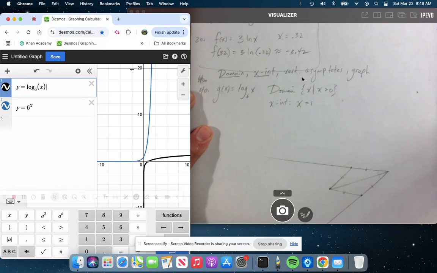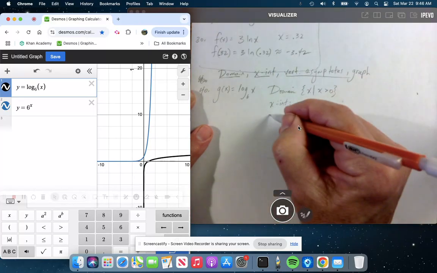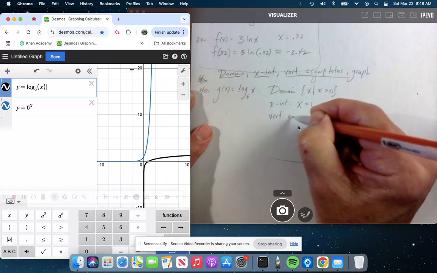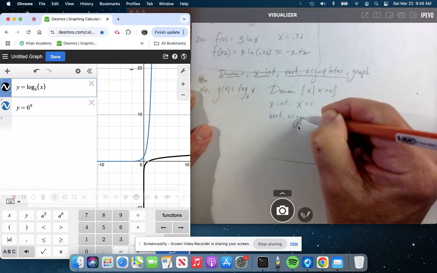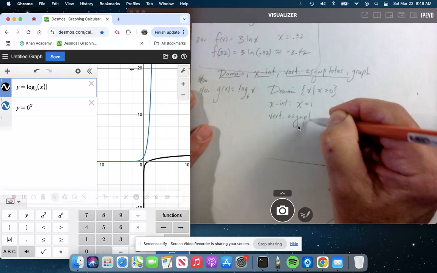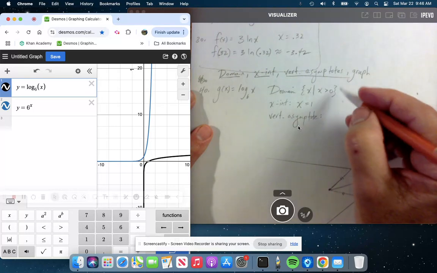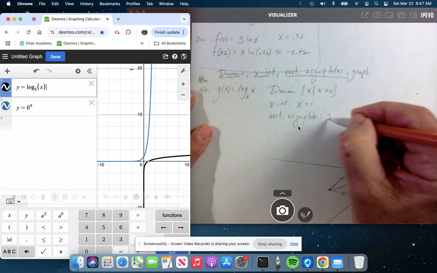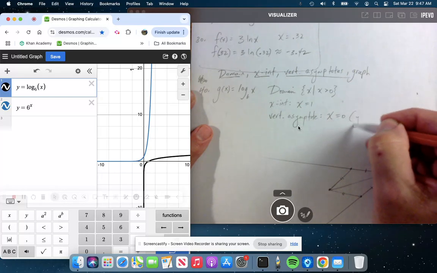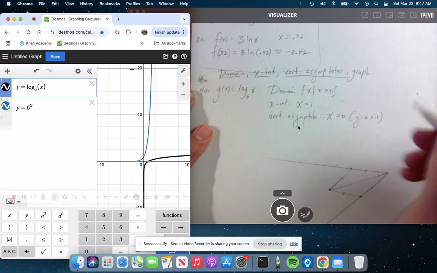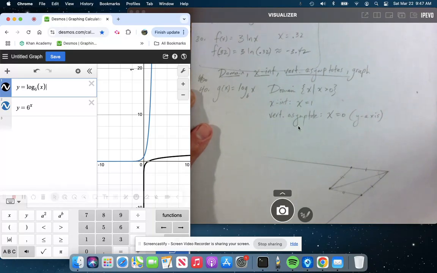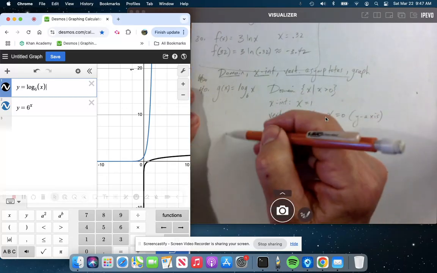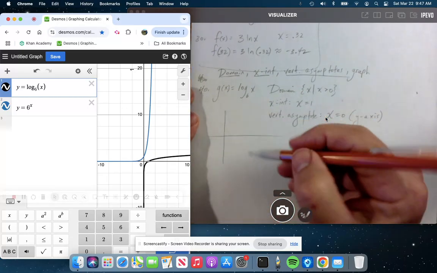What's next? Vertical asymptote. The vertical asymptote is the y-axis, which is x equals 0. That's the equation for the y-axis. And then the graph is right here. So you would just sketch a graph as best you can.